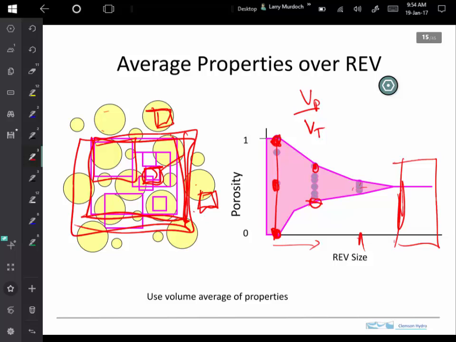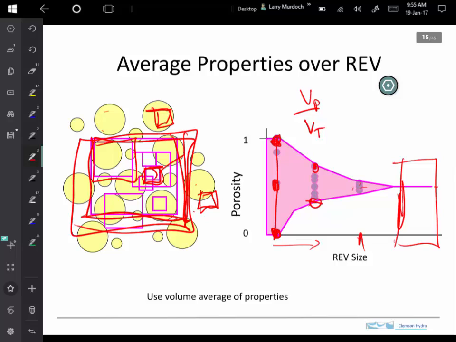As we move around, the porosity may stay constant until we move far enough away so that there's some other rock or some other material, in which case the porosity would differ. Okay, so the porosity can change spatially.